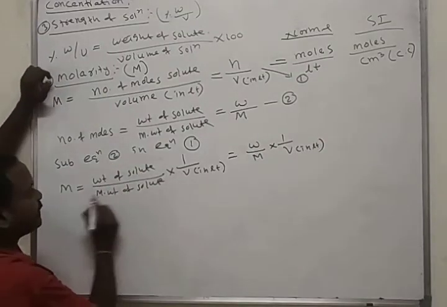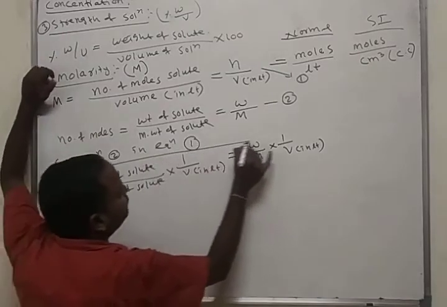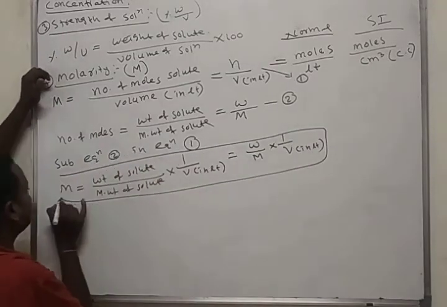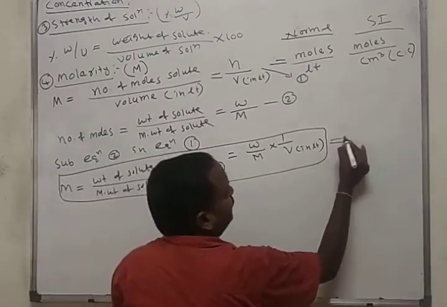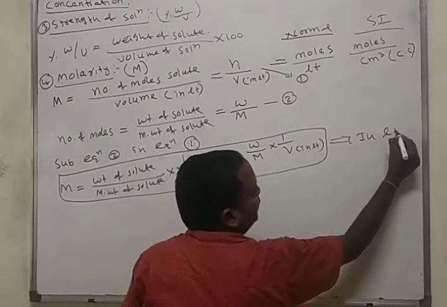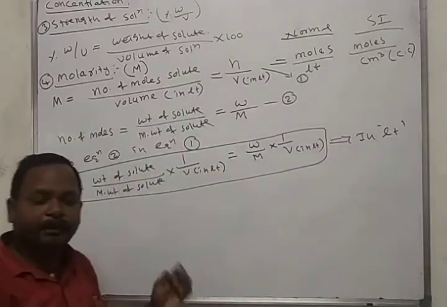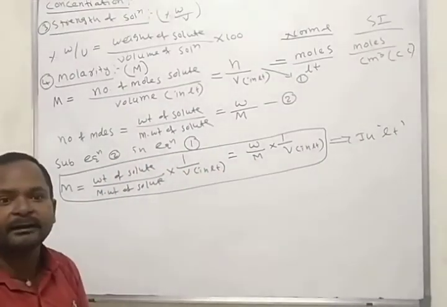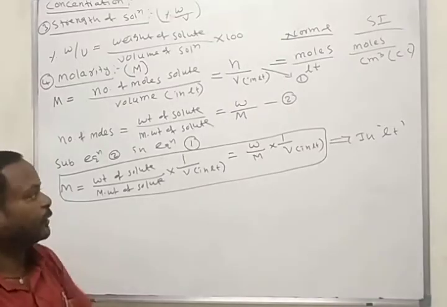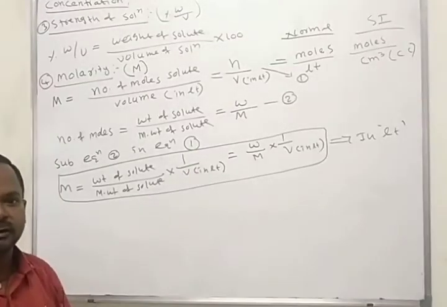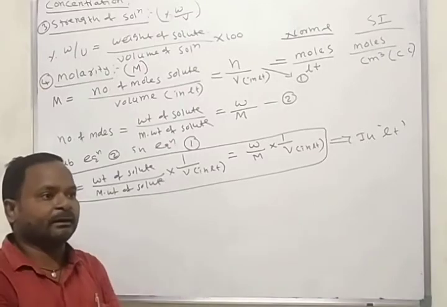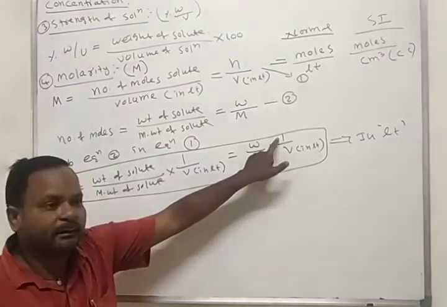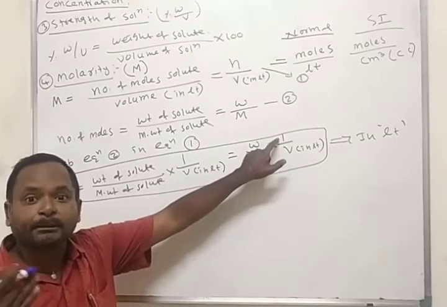This equation is for when the volume is present in liters. If the volume is present in milliliters, it can be changed. Since 1 liter is equal to 1000 ml, substitute 1000 in place of 1.